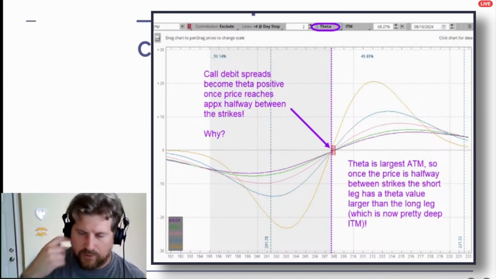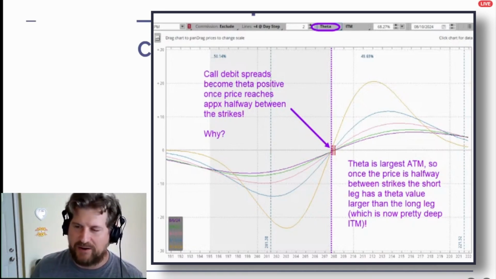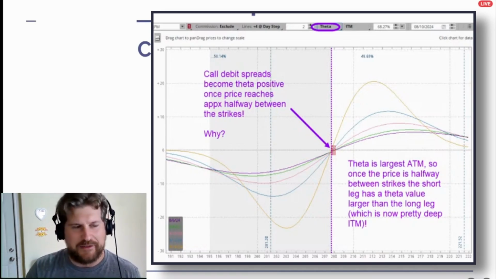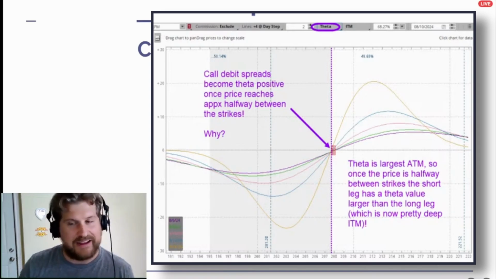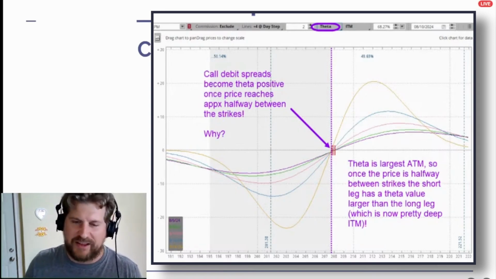But what you're describing is essentially the place where the theta on this trade flips to becoming positive, which is another unique, nice to have thing about a call debit spread, right?